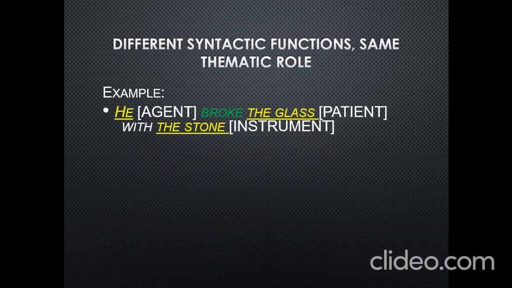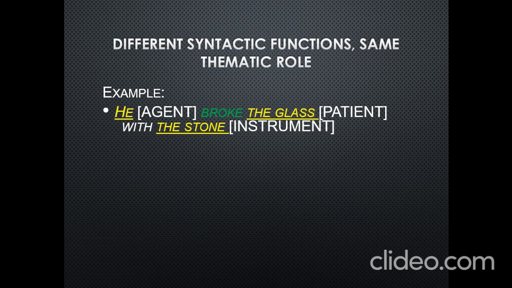Certain syntactic functions are prototypically associated with certain thematic roles. For example, the subject. We prototypically associate the syntactic function of subject with an agent. So much so that when we are in primary school and we are taught how to identify the subject, we are taught to look for the doer of the action.